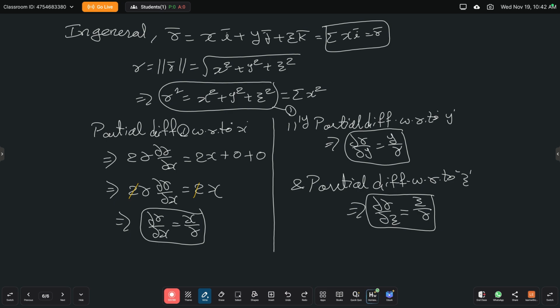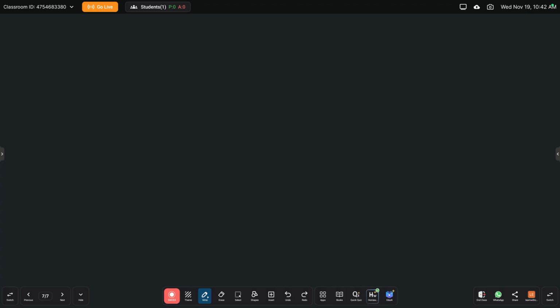I am going to take the first proof. These are for short answer questions, 2-mark or 3-mark bits. The first one is: prove that del of r power n equals n into r power n minus 2 into r bar.